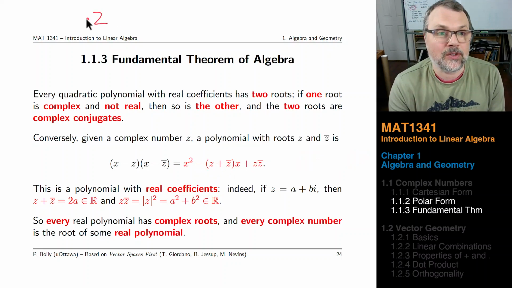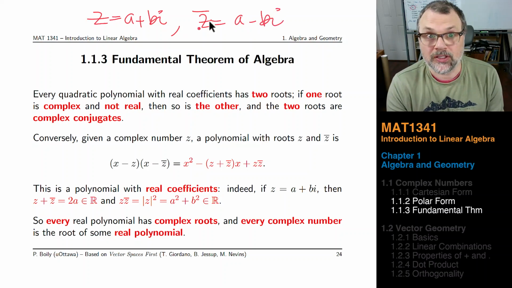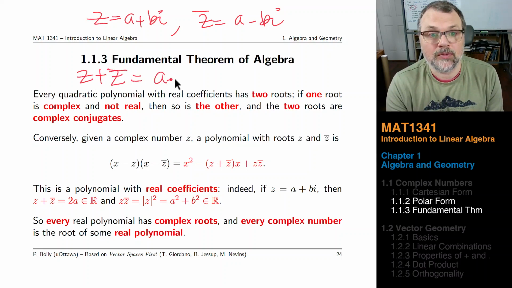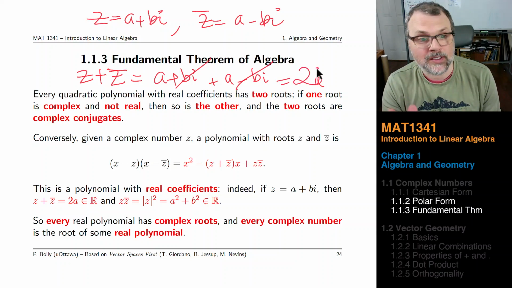Well, if z is equal to a plus bi, and z bar is equal to a minus bi, which is how a number and its conjugate are linked, then z plus z bar would be a plus bi plus a minus bi. Bi minus bi cancels out. You end up with 2a. a is the real part. Twice a real number is itself real.